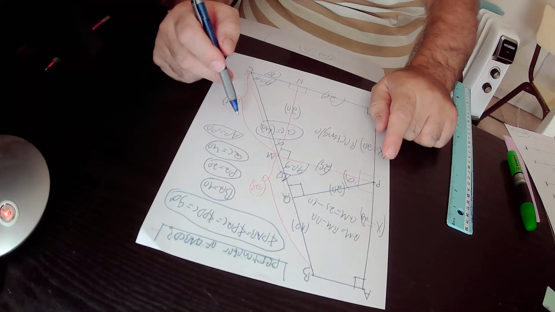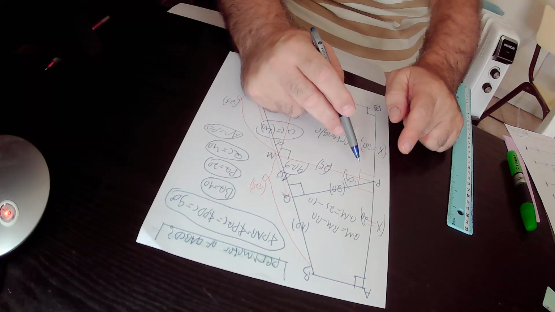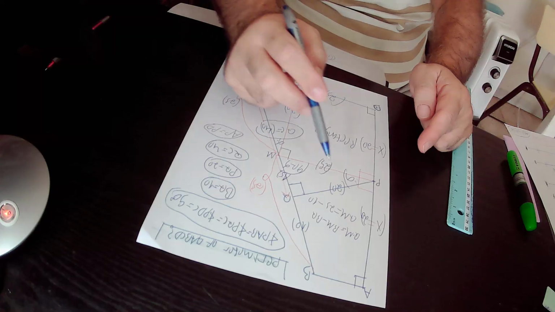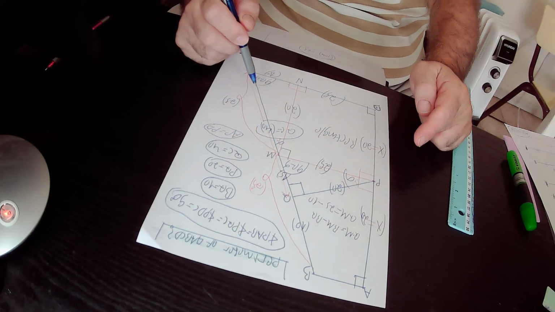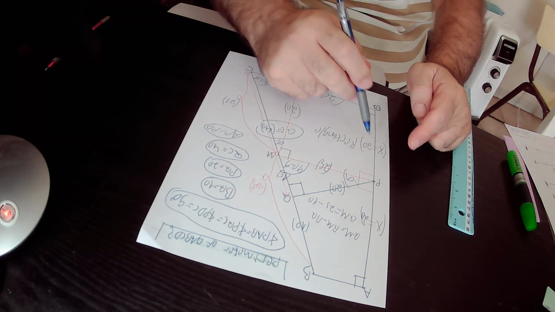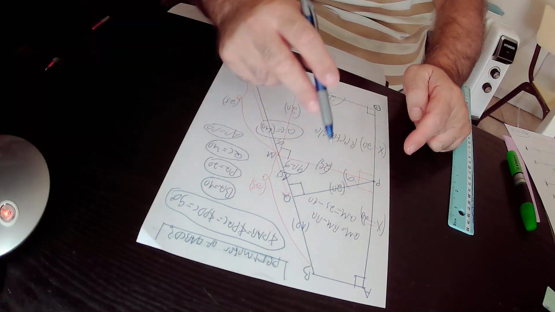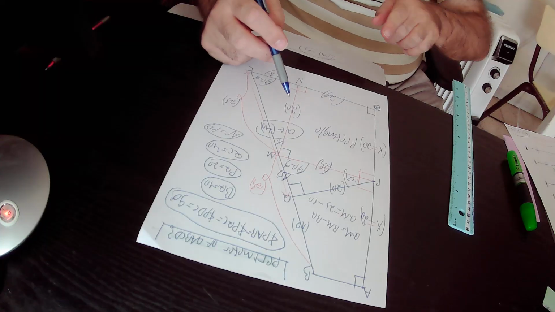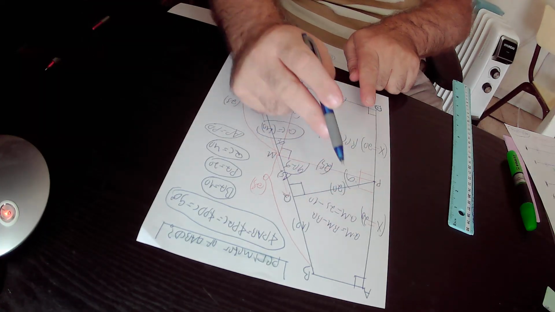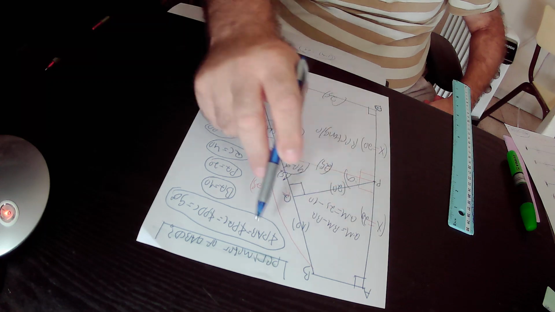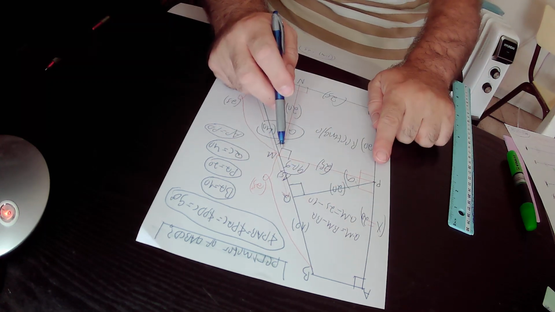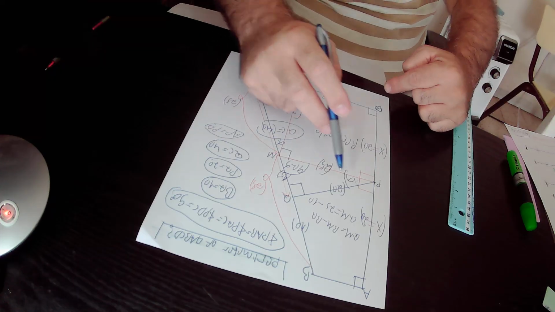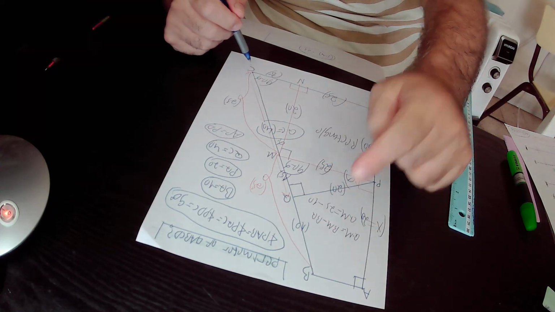So in total, we can conclude that PM is the mid-segment of trapezoid ABCD. First of all, quadrilateral ABCD is a trapezoid because AB is parallel to DC. Actually, it is a right angle trapezoid because those two angles are both right angles. So in the right angle trapezoid ABCD, PM is the mid-segment that bisects AD and BC.